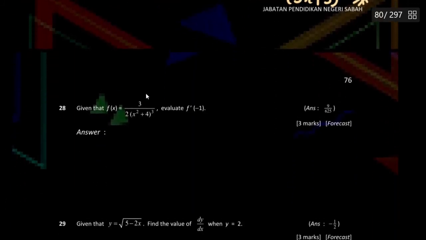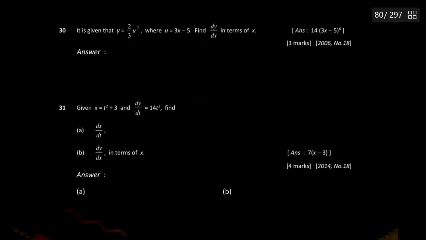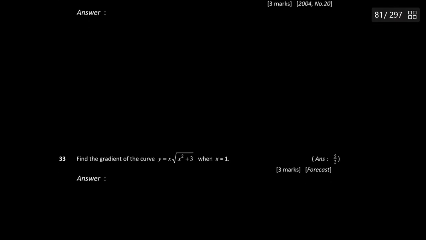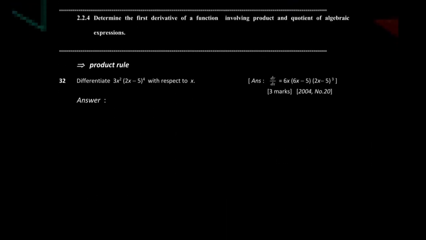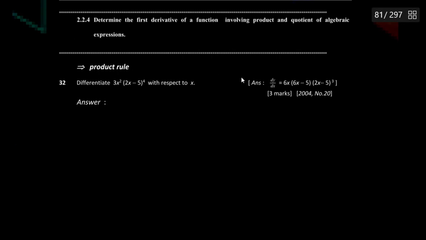When they ask you questions like evaluate this, once you have already found your differentiation, substitute the value in. Okay, I think I'm now going to go to the product rule. Remember, for the product rule you need to have two different equations side by side.